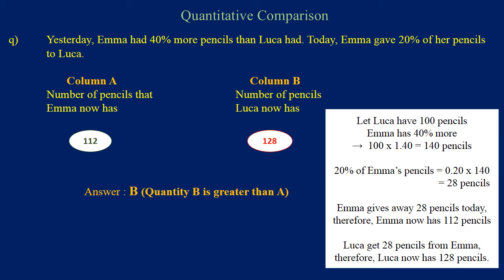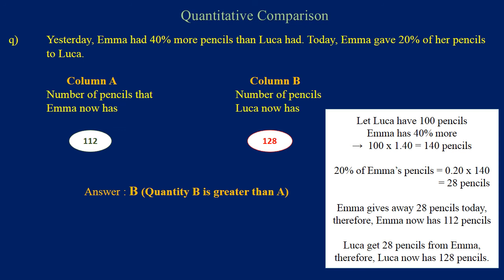Now, today, Emma gave 20% of her pencils to Luca, which means that Emma gives away 140 into 0.20 of her pencils to Luca, which is equal to 28 pencils, right? 20% of 140 means 0.20 into 140, right? Now, if Emma gives away 28 pencils today, then Emma will now have 112 pencils left, right?